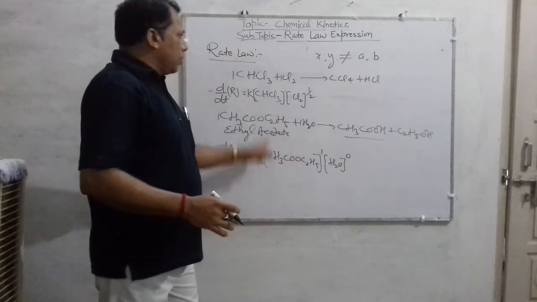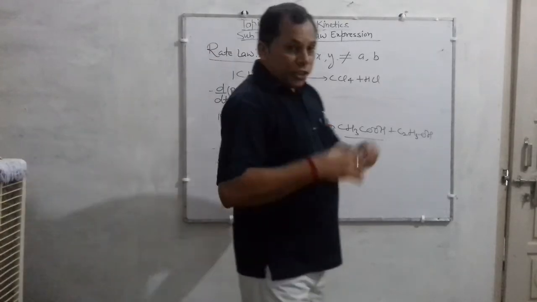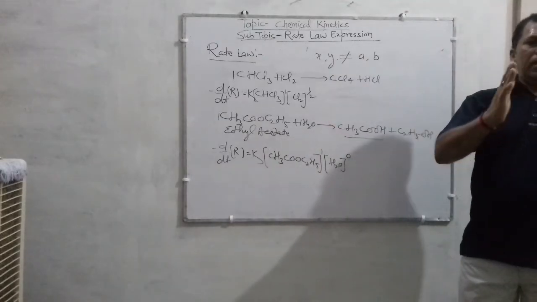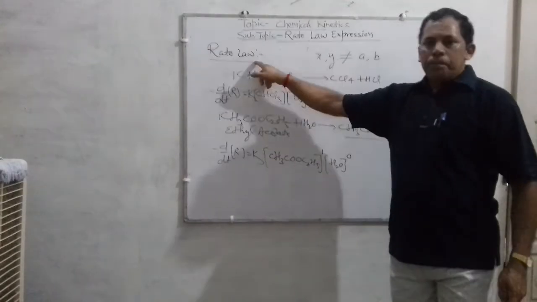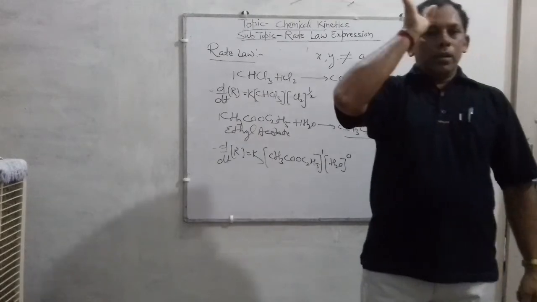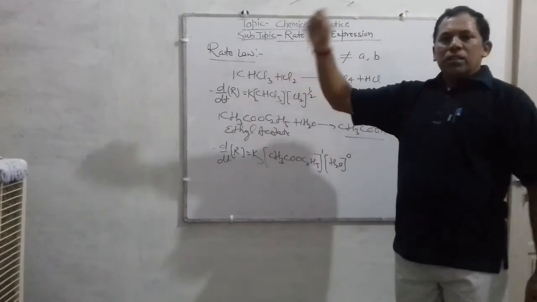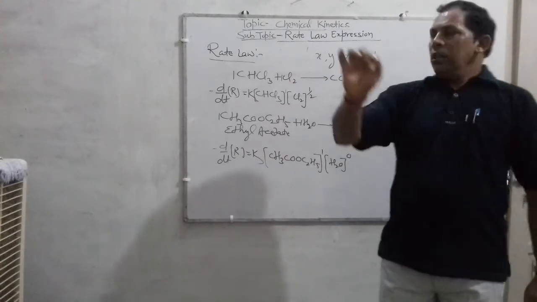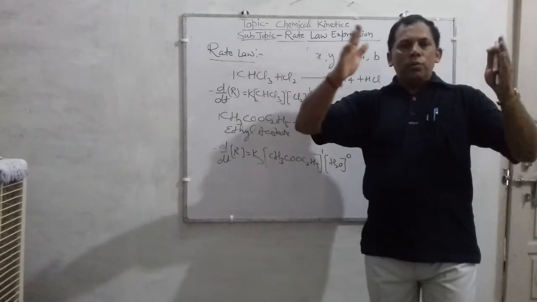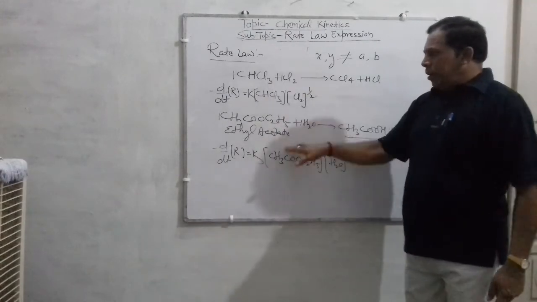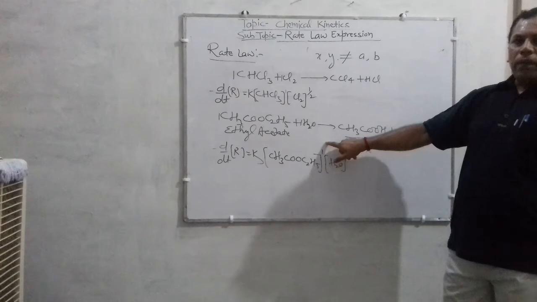From these illustrations, it is very clear that the rate law can only be determined by experimental means, not theoretically or by merely looking at a balanced chemical reaction. So you must remember, this is a very important point for you.